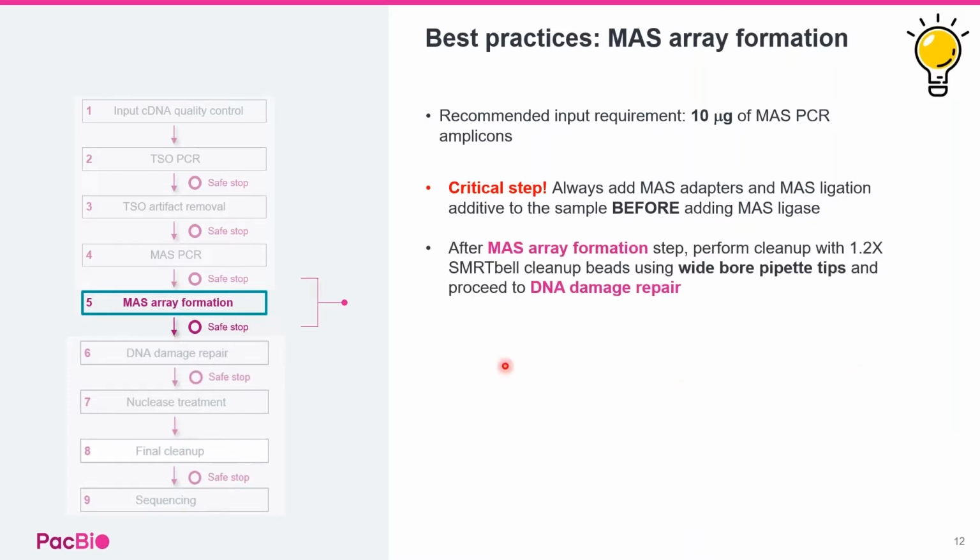And I would like to mention that from step 5 onwards, since we have 16-segment arrays, the SMRTbell cleanup ratio is now changed from 1.5x to 1.2x, and also it's recommended to use wide bore pipette tips to avoid accidental shearing or damage of fully formed arrays.